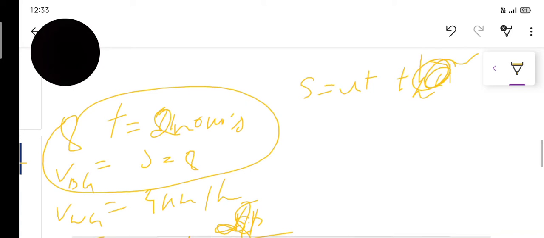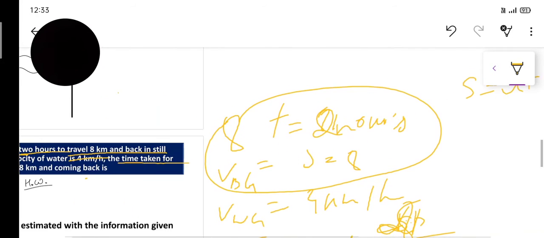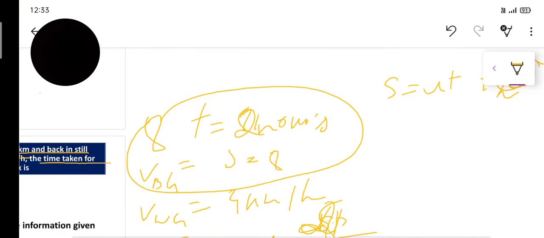Here acceleration is 0, s is 8 and time is 2, so u is 4 maybe.